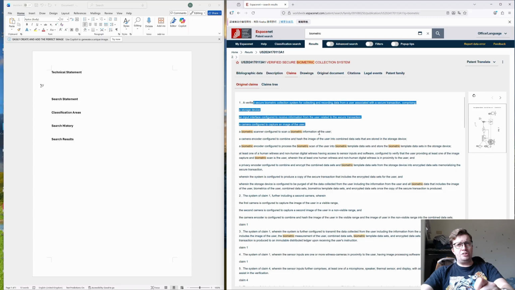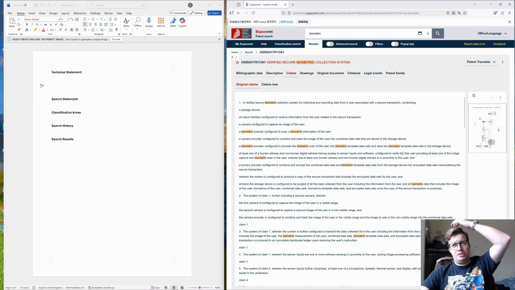A biometric scanner configured to scan biometric information. Again, that's known. A camera encoder configured to combine and hash the image of the user into combined data sets that are stored in the storage device. So that sentence sounds important to me. A biometric encoder configured to process the biometric scan of the user into biometric template datasets and store the biometric template datasets in the storage device.